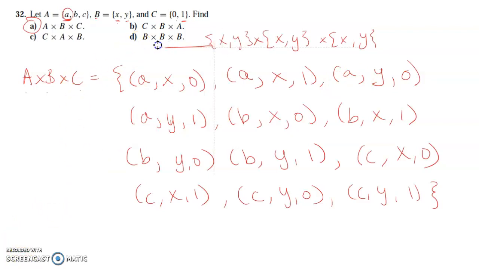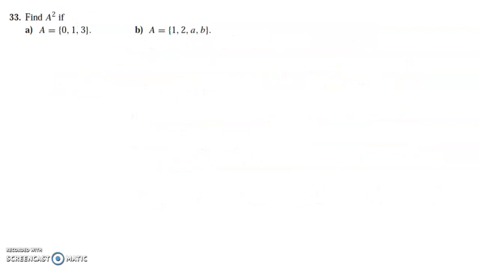The idea of this leads to the next problem, which is to find A squared. As long as you remember A squared is A times A, this can be written as the set A of 0, 1, 3 by 0, 1, and 3. Finding all the combinations is what you have to do to find A squared.